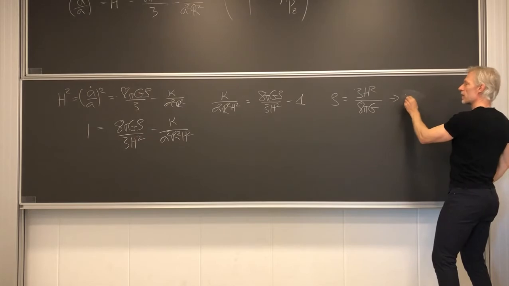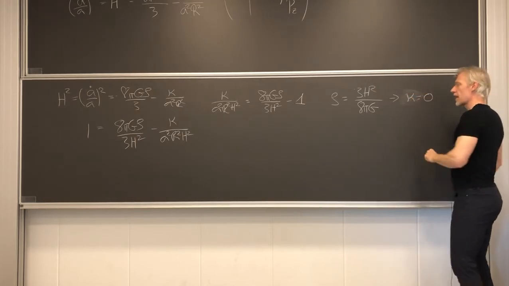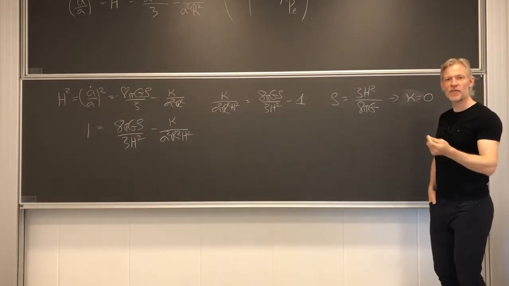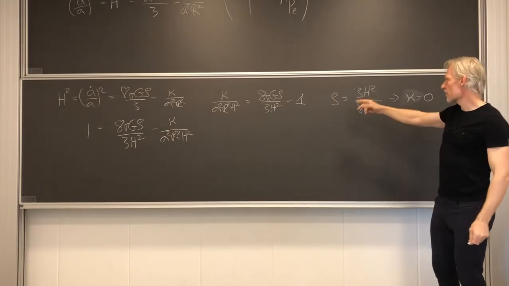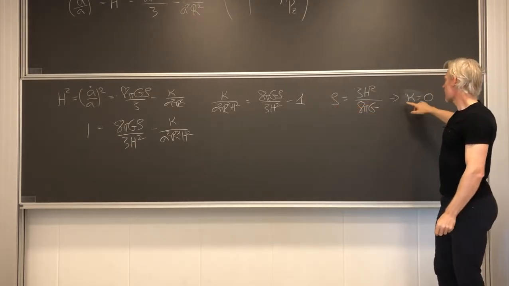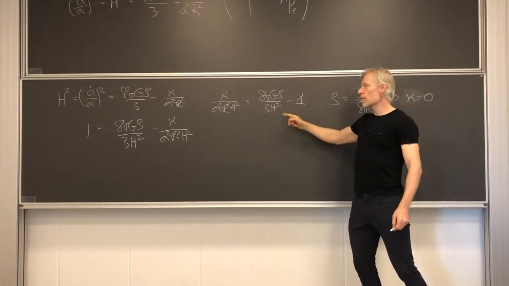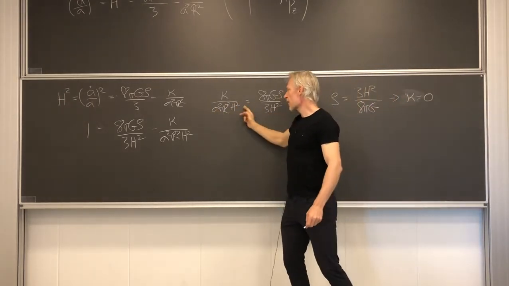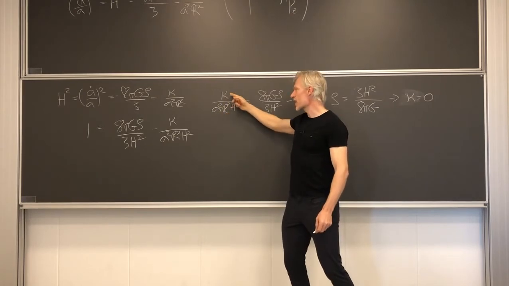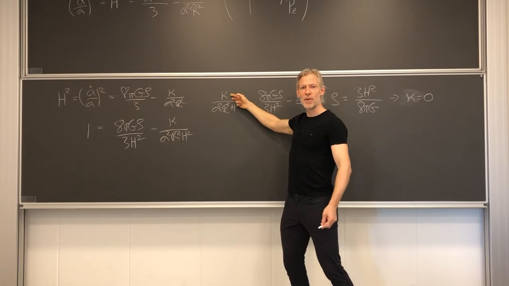So this energy density means that I get a kappa of 0. So I have no curvature. We can also see if rho is larger than this number, then kappa must be positive, because what I have on the right hand side is a positive number, and whatever I have down here is positive definite, and that means that the only possible solution I can have is to have kappa equal to +1.